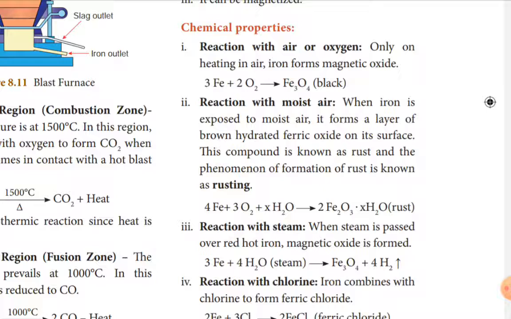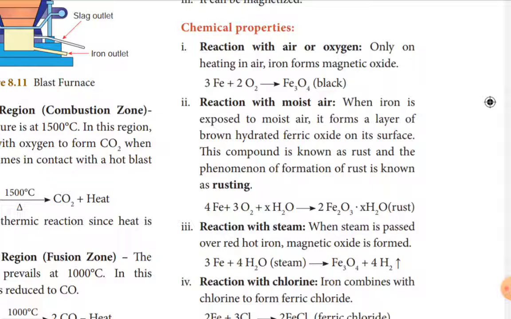That is called hydrated ferric oxide. So this is an important reaction. You will be asked what is rust, and how rust is formed. This is the chemical reaction.